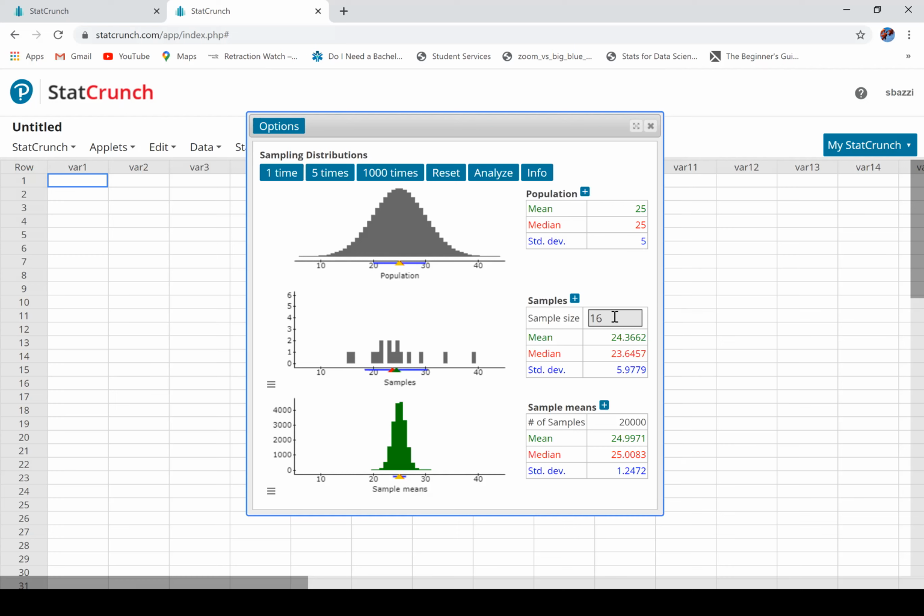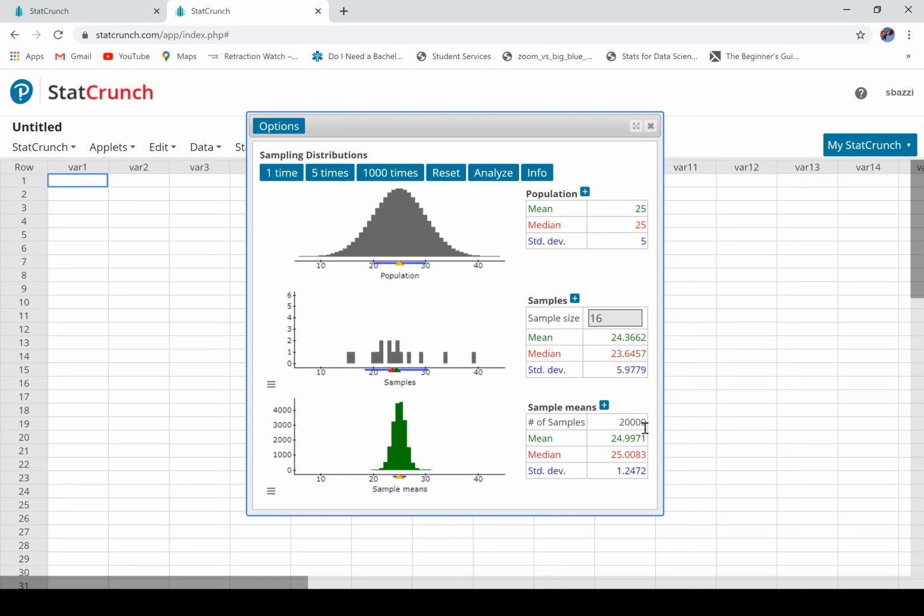Square root of 16 is 4, and 5 divided by 4 is 1.25. Look, guys, the standard deviation, if you round it, is 1.25. And look how narrow the sample means are, and how wide the original population is. So always good to work with samples.